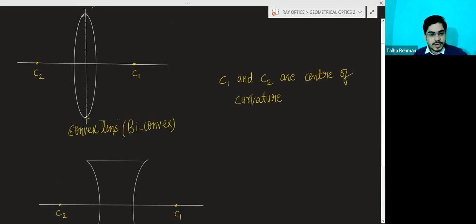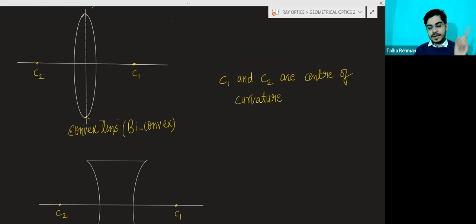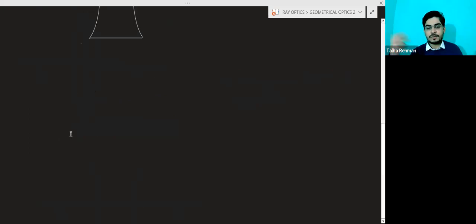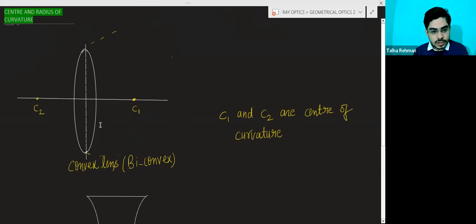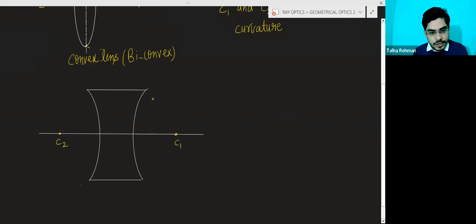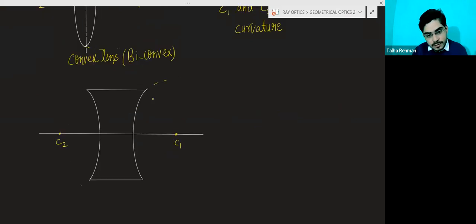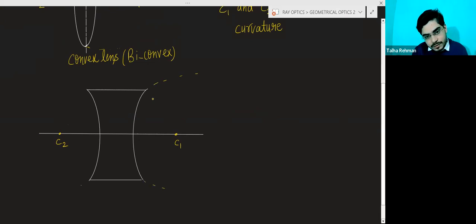One more thing I told you: radius of curvature. The radius of the sphere is known as the radius of curvature. Suppose you are completing this sphere. This is not looking like a sphere, but try to imagine it as a sphere.